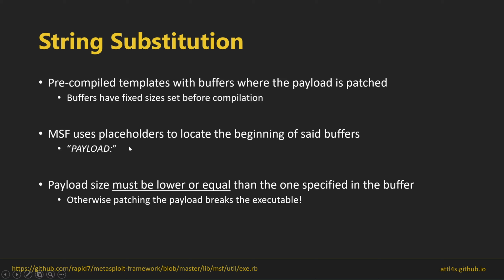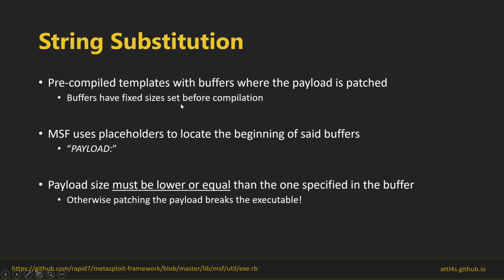And we also specify a placeholder at the beginning of that buffer with something like PAYLOAD, which is the thing that Metasploit uses. Once we have that, we make sure that the template executes what is inside the buffer, which is going to be shellcode. And that is compiled to create the template.